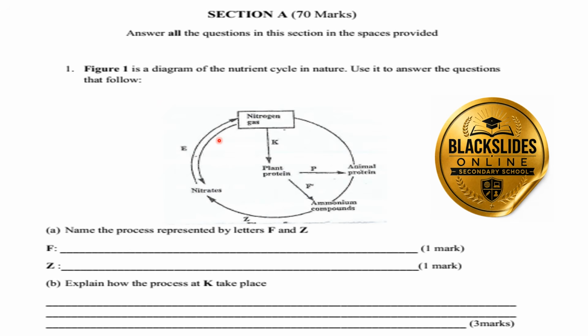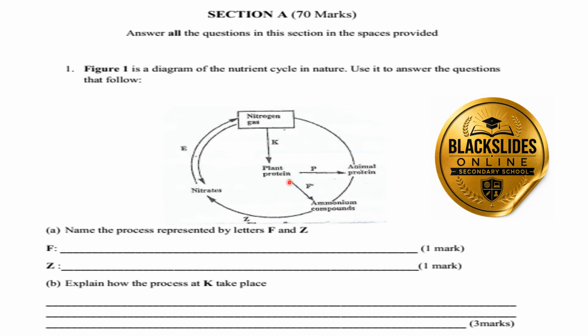So in short, we are saying the process K represents nitrogen fixation, which is done by the action of certain kinds of bacteria and lightning. Process P is feeding, which is also called assimilation, whereby the plant protein becomes part of the animal protein.